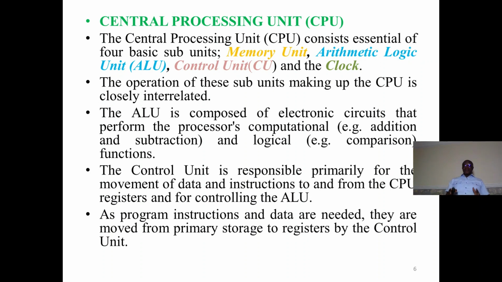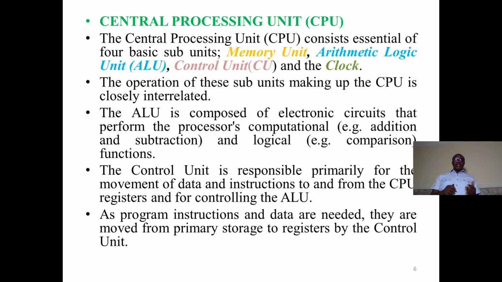Now, this central processing unit consists essentially of 4 basic subsystems: the memory unit, the arithmetic logic unit, the control unit, and the clock. The operation of these subunits making up the CPU is closely related.